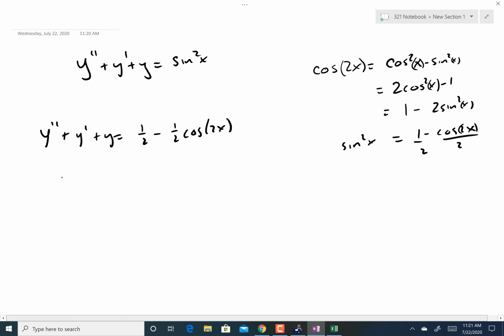So we know that our solution needs to be of the format. When I do this side over here, it's going to be r squared plus r plus 1. So I get the complementary solution. If I do this, it's going to be negative 1 plus or minus the square root of 1 minus 4, over 2. So it's going to be negative 1 plus or minus the square root of 3i over 2. Cool.